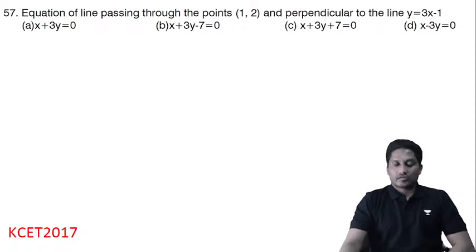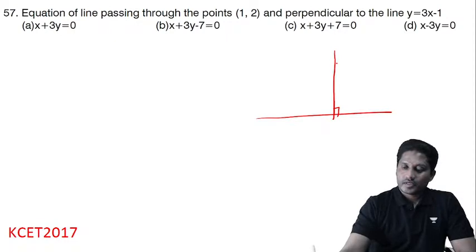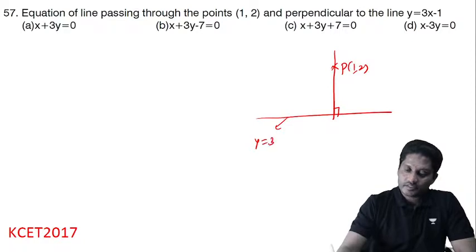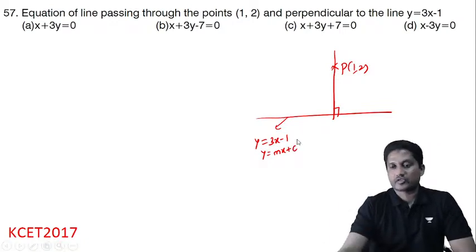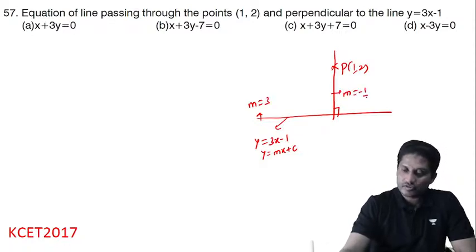Question number 57. Equation of the line passing through the point 1, 2 and perpendicular to the line y is equal to 3x minus 1. Of the form y is equal to mx plus c, or you bring it to standard form and write minus a by b as slope. Slope of this line is 3. Slope of the perpendicular line is minus 1 by 3, right? So you know the slope, you know the point.